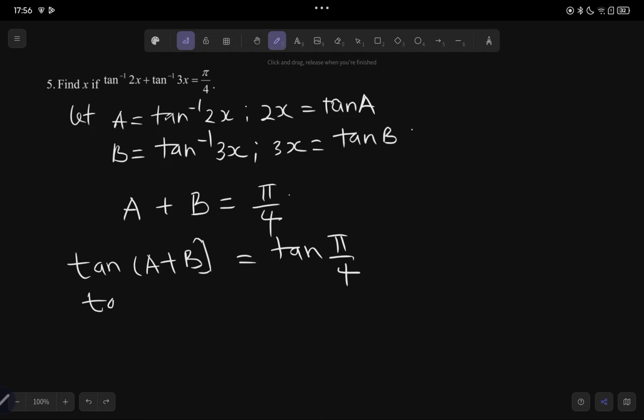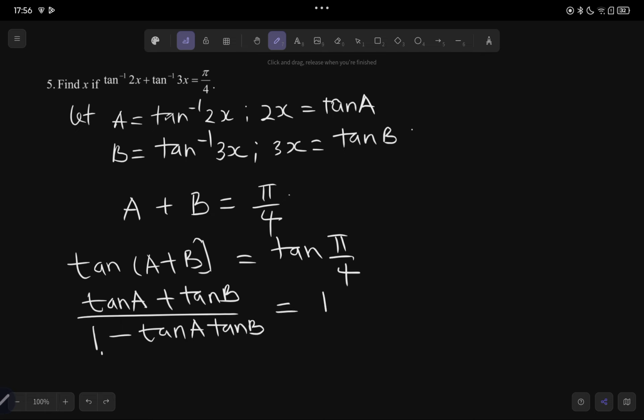Here we shall have tan A plus tan B out of 1 take away tan A tan B. This will give us 1. Tan pi over 4 is 1.